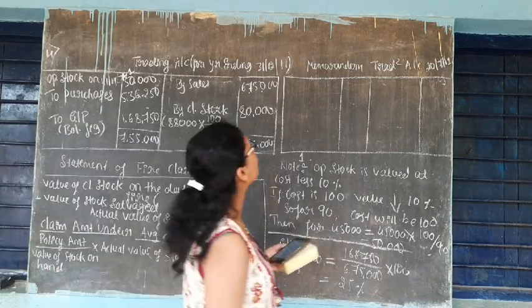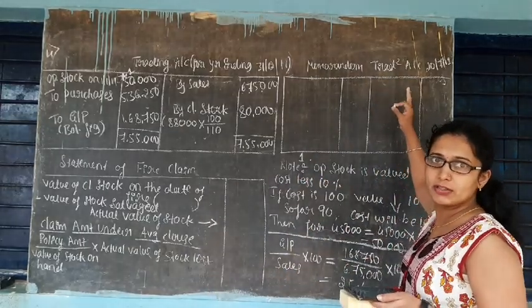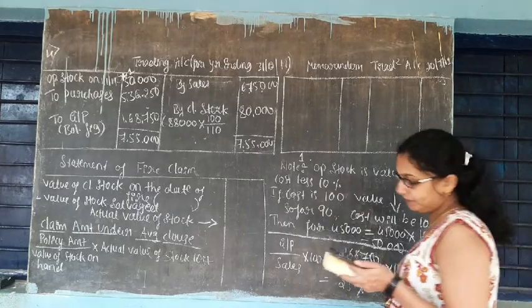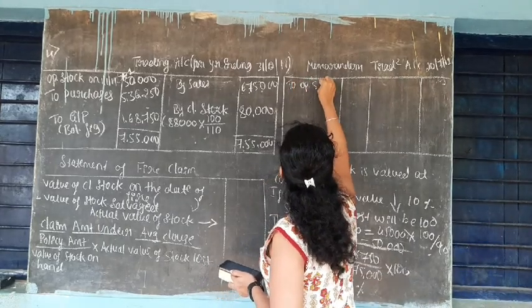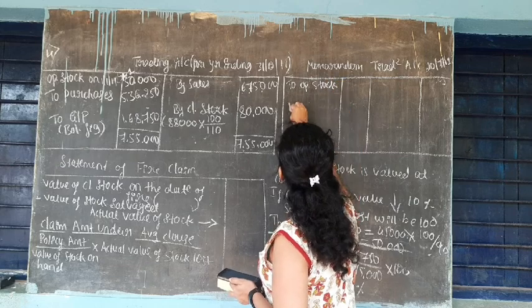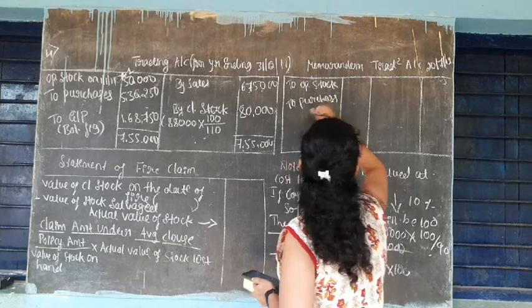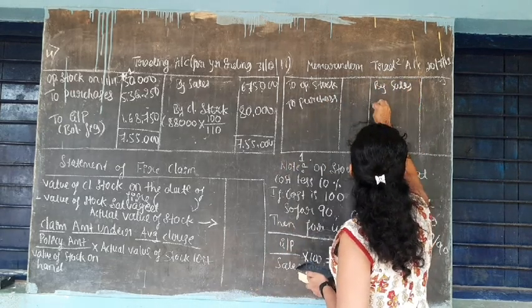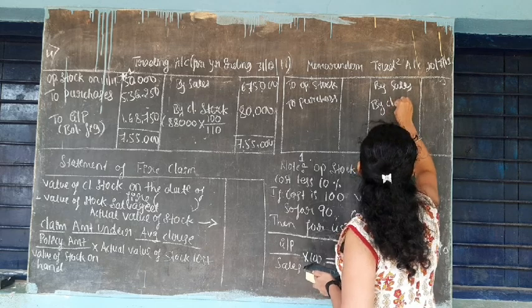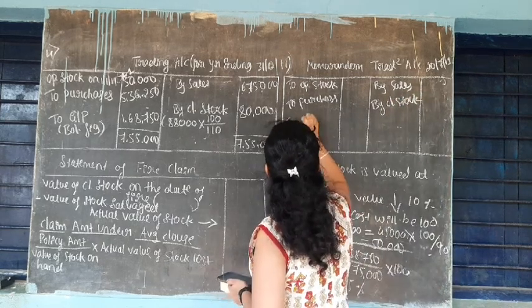Next thing is you have to prepare the memorandum trading account to find out the closing stock at the time of fire. Here to opening stock, to purchases, by sales, by closing stock, and to gross profit.